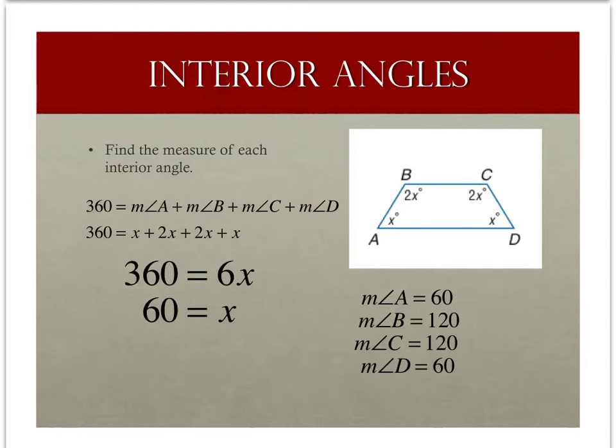So the total measure of the quadrilateral is 360, 360 equals 6x, x equals 60. So angle A is 60, angle B is 120, angle C is 120, and angle D is 60. That's how you find individual angles of a polygon. If I had a pentagon, I know the pentagon's 540, and with different variables for each angle, I can add them up, set them equal to 540, and solve for x.